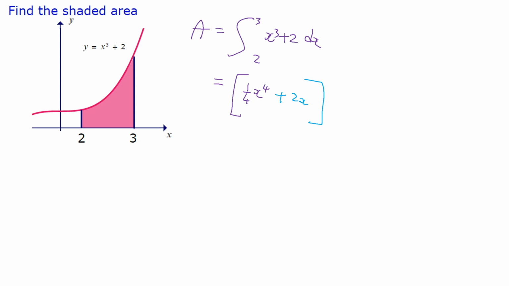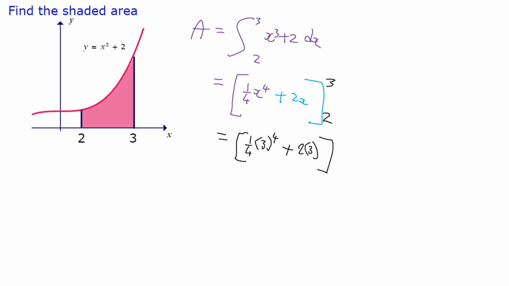So now we can find the area underneath between 3 and 2. Let's start with 3 first. So what we'll do is we'll sub in the 3. That'll be a quarter times 3 to the 4 plus 2 times 3.